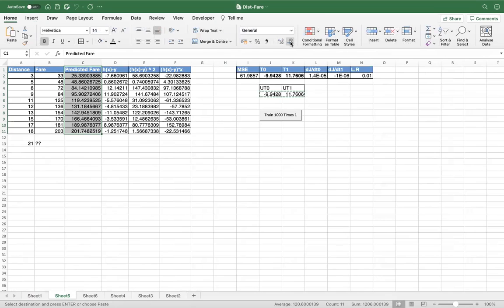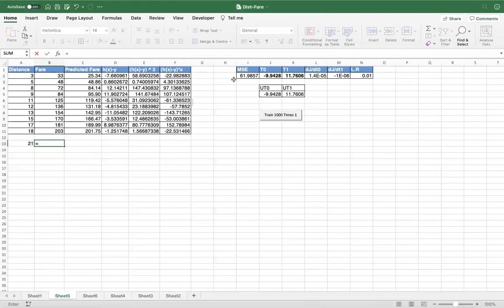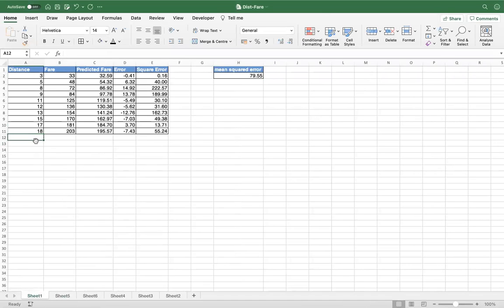Now, for 21 kilometers, the fare is theta naught plus theta 1 into x, right? It is 237 rupees. That is our approximated fare. But what did we get for 21 in the average model? 21 into 10.865, it's 228 rupees is our price.